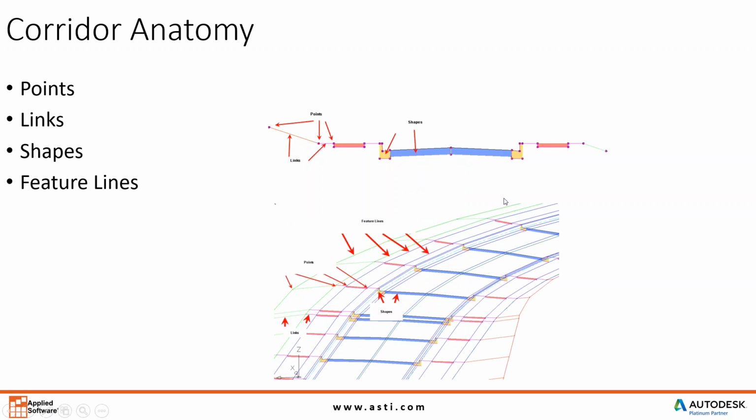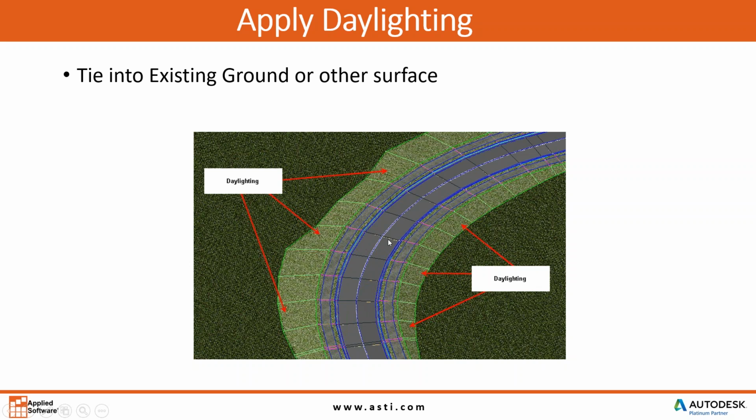For those who are just now getting into Civil 3D, the anatomy of a corridor: we have feature lines that are generated automatically. We have points, we have shapes, and we have links that go from point code to point code. So points, shapes, and links. So then we want to tie into the existing ground. So we have daylighting.